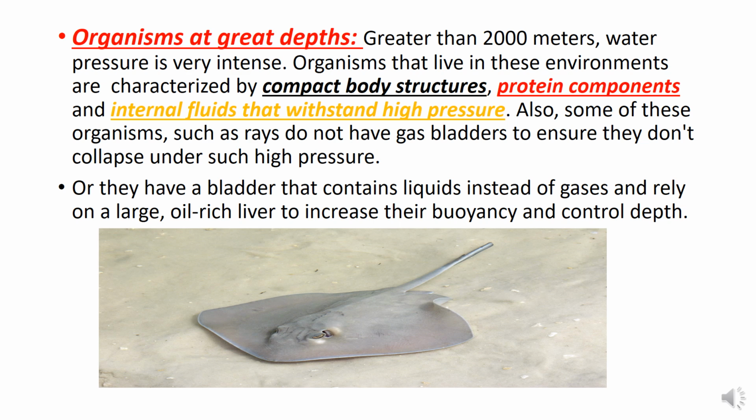Or a bladder, but the bladder contains what? The bladder contains liquid instead of gases. And they rely on a large oil-rich liver to increase their buoyancy and control their depth. So, these are the organisms that live at greater depth, greater than 2000 meters, where the pressure is high.